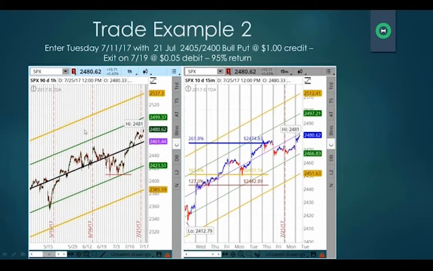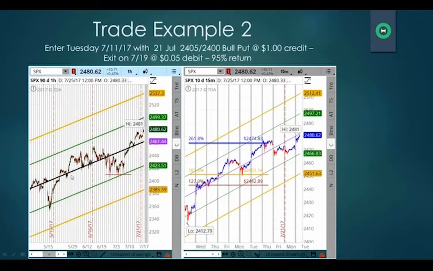This is the +2, -2 standard deviation. You can see it doesn't deviate very often from the +1, -1. Occasionally it will. That's an outlier, and that's an opportunity.